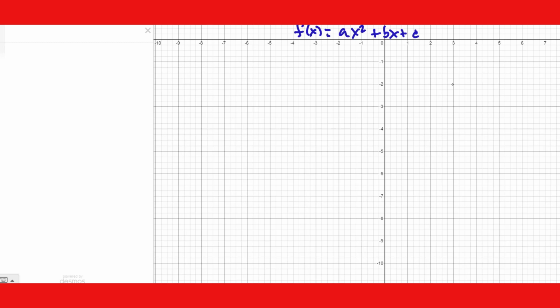So suppose we want to know what the graph of y equal x squared plus 2x plus 3 is. So suppose we want to first graph it by hand and then check our work in Desmos. Let's do this in about 5 steps here.